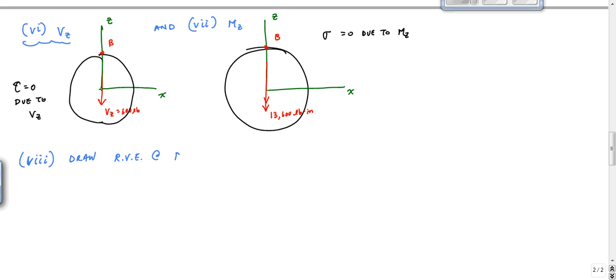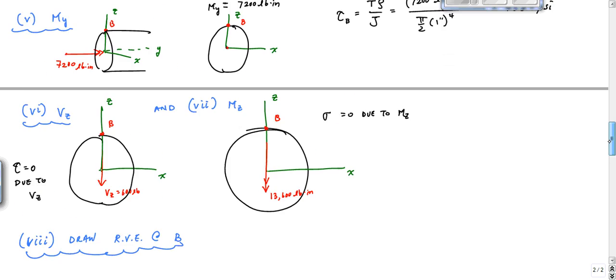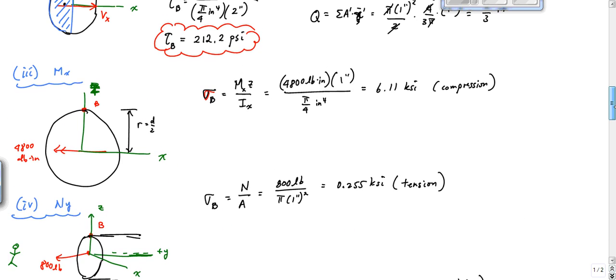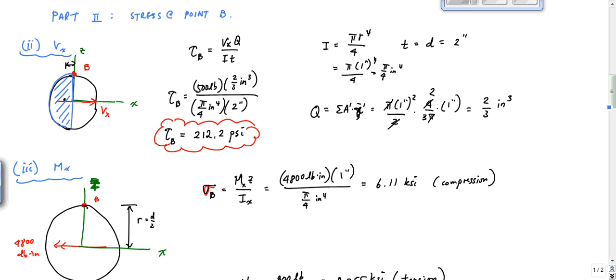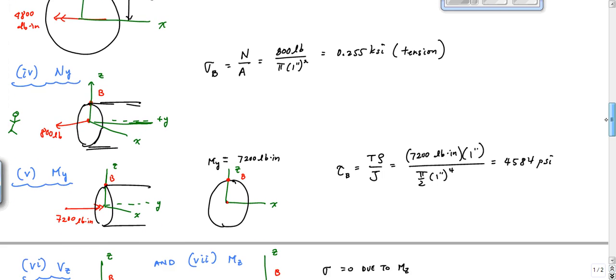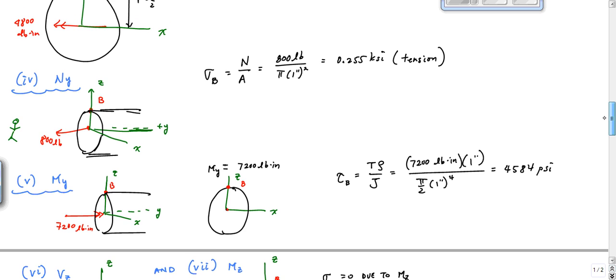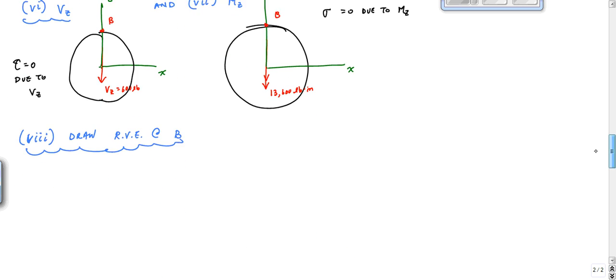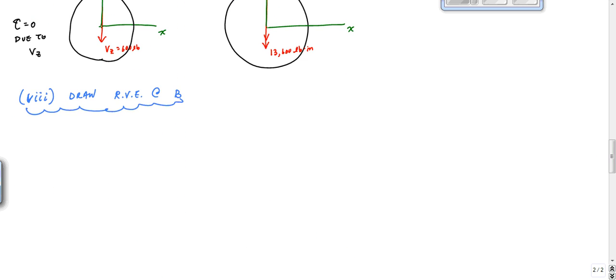at point B. Okay? And so now essentially we have components that are important for us. And what I want to do, so we have Vx, Mx, Ny, and My that are causing some sort of stress at point B. So let me start here. I will draw a kind of a 3D of the cross section again, right here.